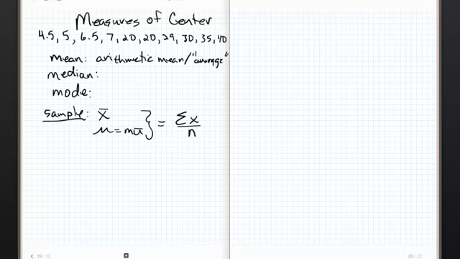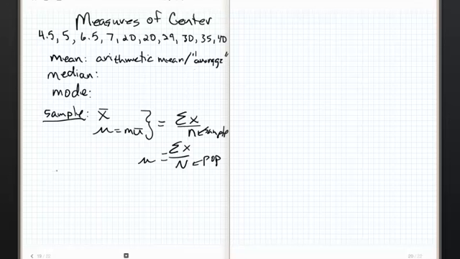Now, careful. This little n represents a sample size. So you'll sometimes see this written out as the sum of x divided by big N, which is, in this guy, we're talking about the population. You see how the notation can get a little squishy. So this is actually mu here, assuming that these represent all of the schools in our population.